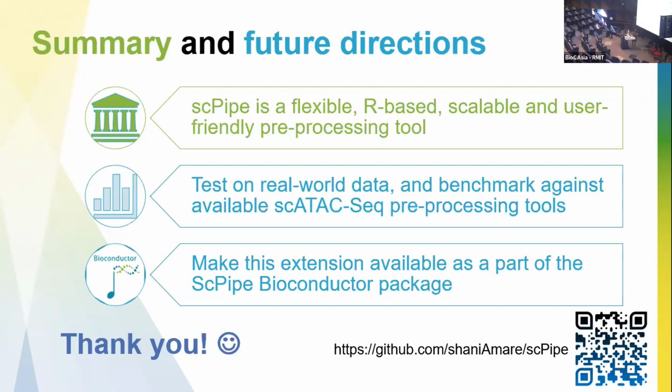But the binning option is quite simple. You just have a bed file at the end, and you do the overlap between that bed file and the fragments that we have, and see how many of them are overlapping, and that's how we generate the counts. Does that answer your question? Thank you.